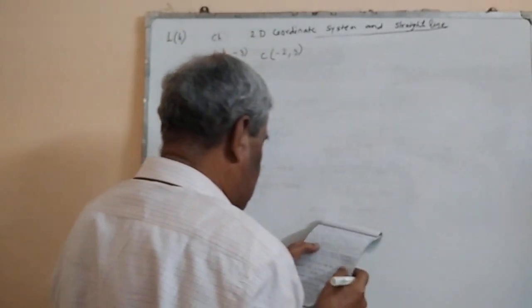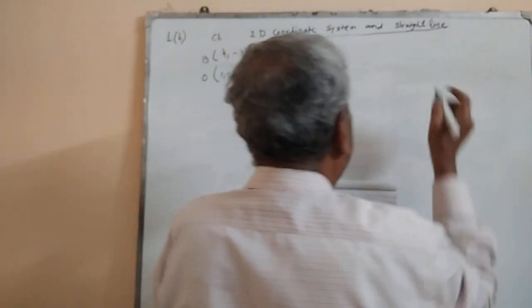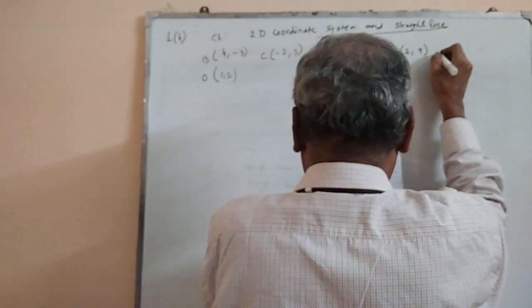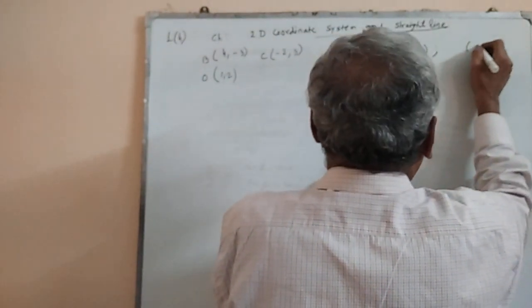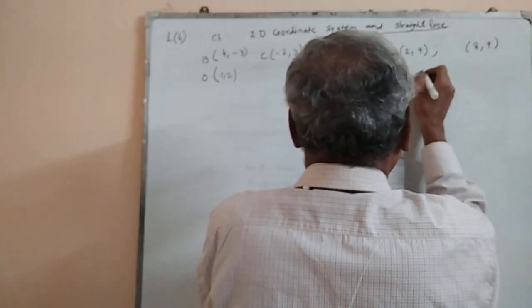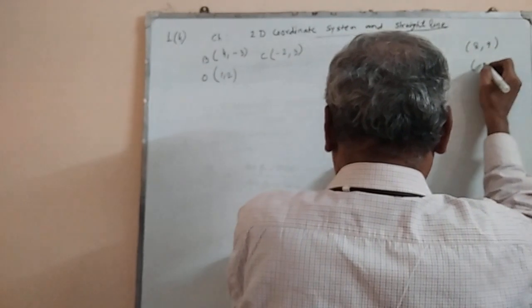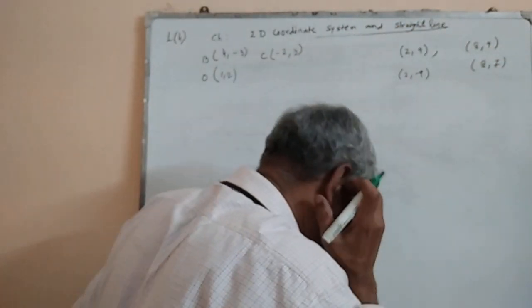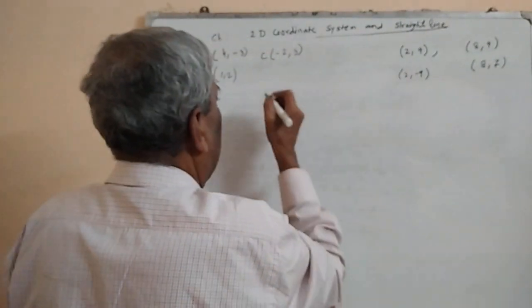The third vertex is. Options are (2, 9), (8, 9), (2, minus 9), (8, 7). Let us see what is given.